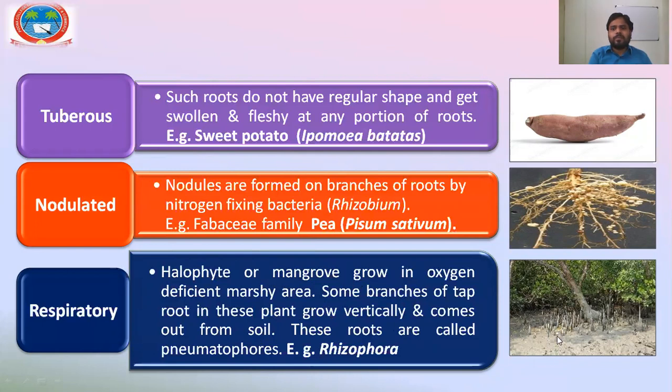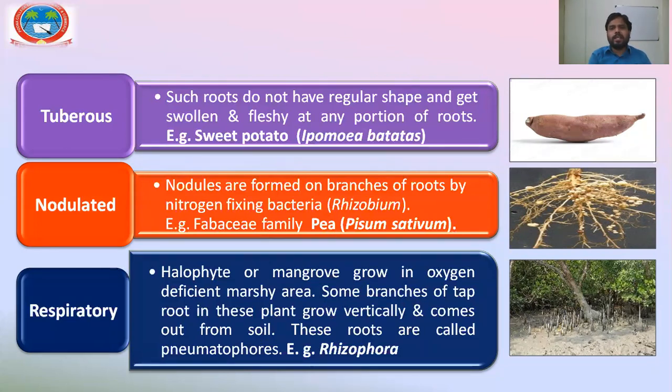Now see here, these are called pneumatophores, or the breathing roots. This type of root is an exception to one character of the root. We generally call roots positively geotropic in nature, which means they grow towards and inside the soil.